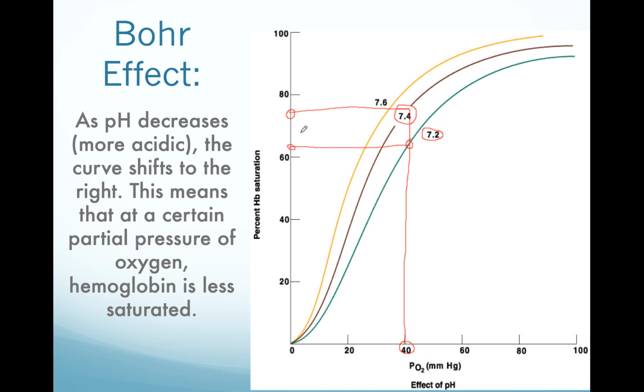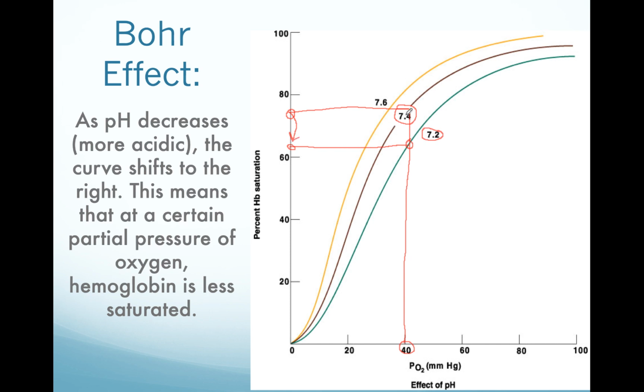And that's why the hemoglobin saturation drops down from 75 down to 65. We had a 10% decrease in hemoglobin saturation of oxygen because now you don't want oxygen to be bound to hemoglobin. The point is, the more oxygen you need in the tissues, the more hemoglobin is going to release those oxygens, and therefore hemoglobin will be less saturated with oxygens.